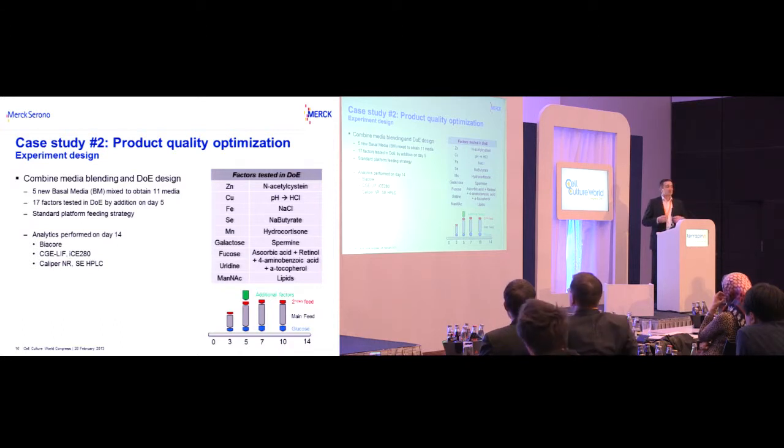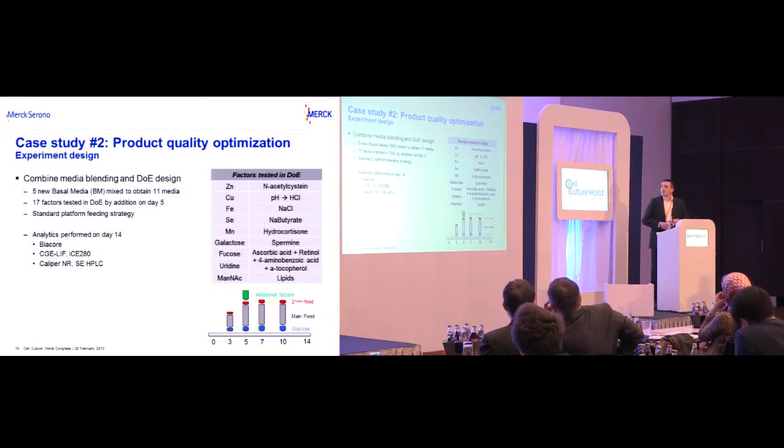Here, it was not just media blending, but a combination of media blending and DOE experiment. So here, we had 5 basal media. At the beginning, we mixed them together to obtain 11 media.